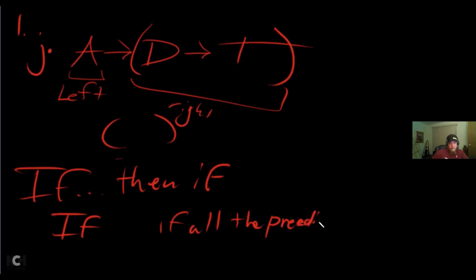So if you see if all the preceding, then if you see this pattern on the other hand, that means you've got a heavy left. All right, so we're going to look at a couple more examples here with K and L and see if this pops up. So let's do that now.